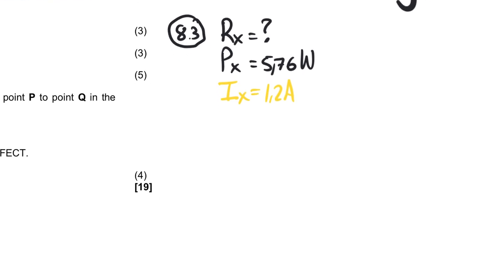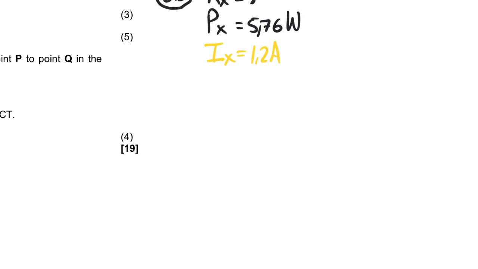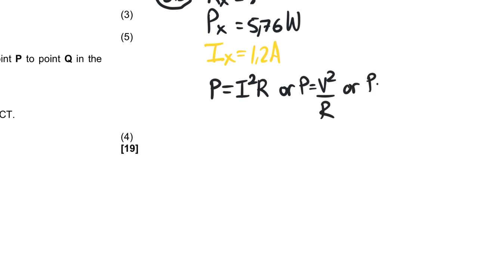So referring to the power formulae that appear on your formula sheet, we have that power equals I squared R, or power is V squared over R, or power is I times V. Now, if we look at the first formula, we have the power through X, we have the current through X, and so therefore we can use this formula because there is only one unknown.